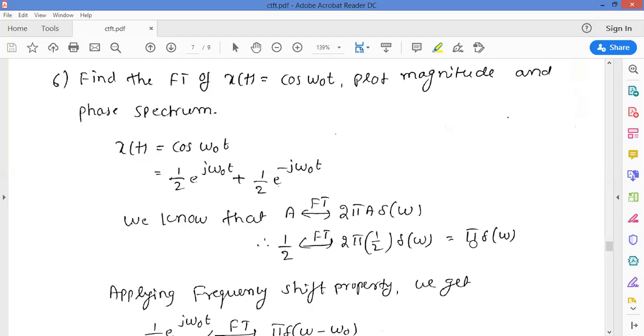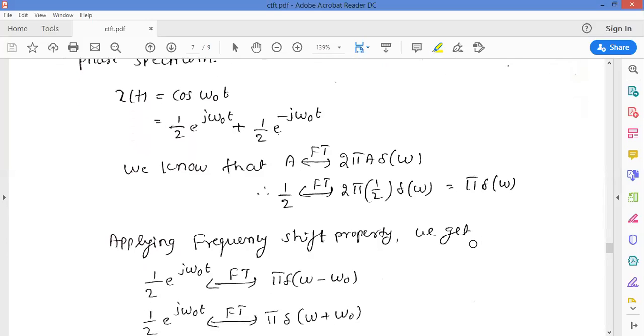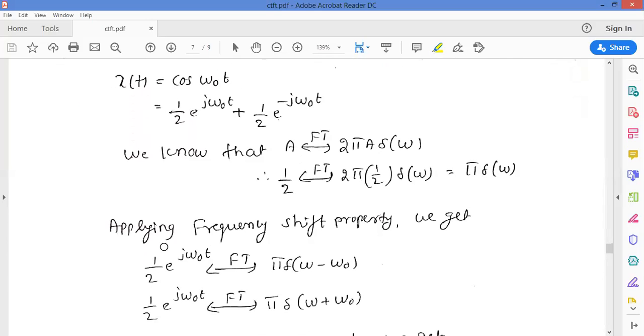So what I will do is apply the frequency shift property. Whatever I have obtained is only the Fourier transform of 1/2. But what I need is the Fourier transform of 1/2 e^{jω₀t}. So 1/2 e^{jω₀t} Fourier transforms into π δ(ω), shifted. When you multiply in time by the exponential, that is the frequency shift property, the output will be shifted by ω₀.